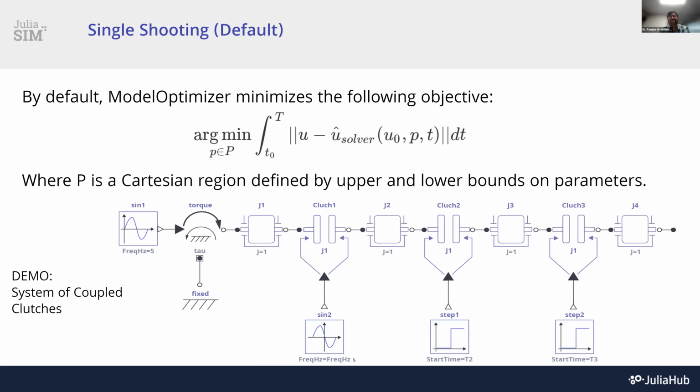There's a sinusoidal input going into clutch 1, and a step input going into clutch 2. Given some data of how the system might have to operate, we'll try and tune these 2 inputs to match the desired system behavior. So let's go ahead and do that.